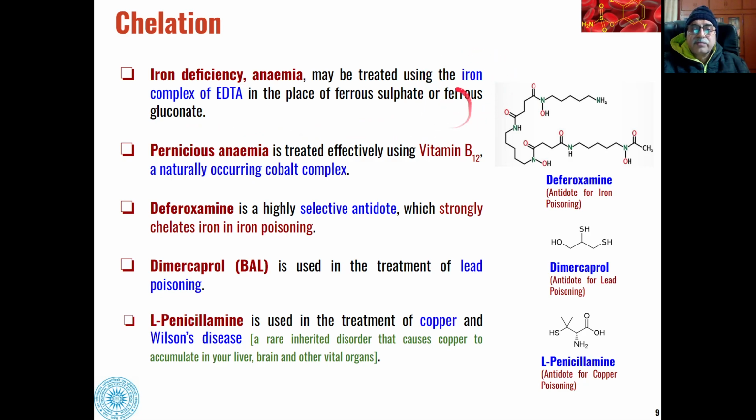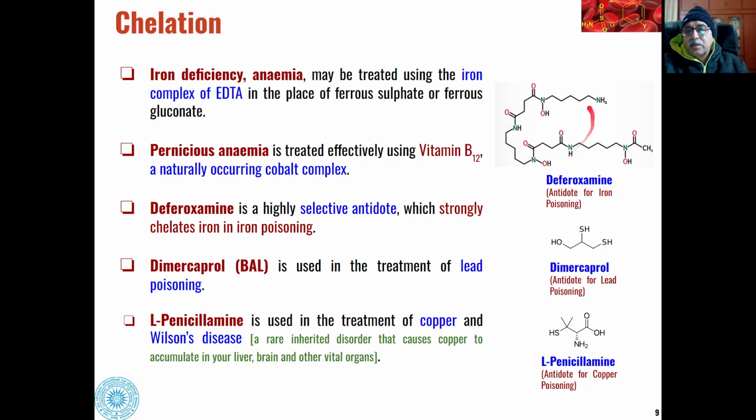So we can give the iron complex of EDTA, from where iron will be taken up by the body. Then pernicious anemia is treated by using vitamin B12, and this vitamin B12, we know, is a naturally occurring cobalt complex.